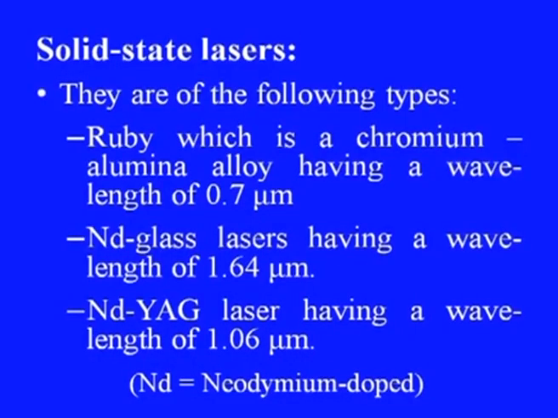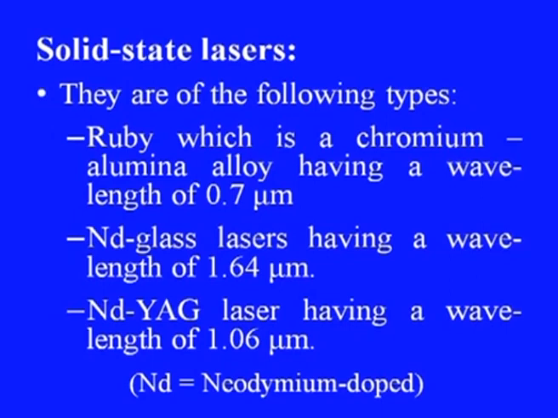Let us see the attributes of solid state lasers. The solid state lasers are obtained in different forms like ruby lasers. Ruby is nothing but a chromium alumina alloy having a wavelength of 0.7 micrometer. Another form is neodymium glass lasers, which have a wavelength of 1.64 micrometer.